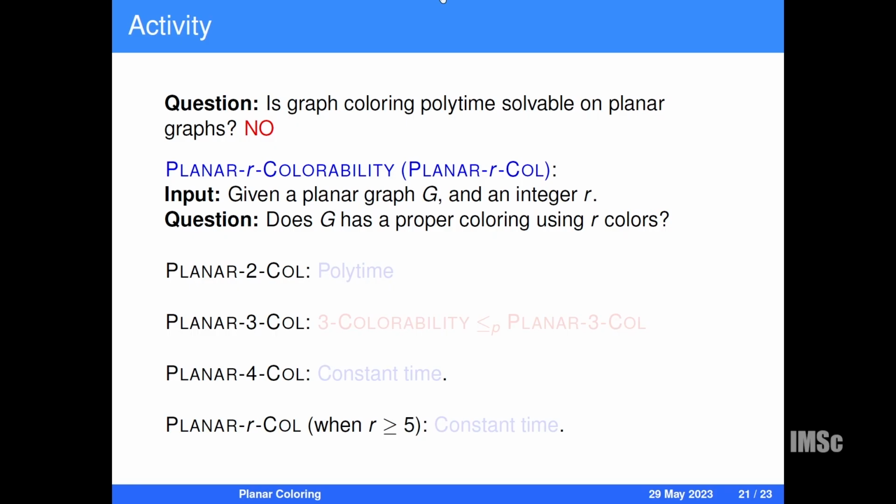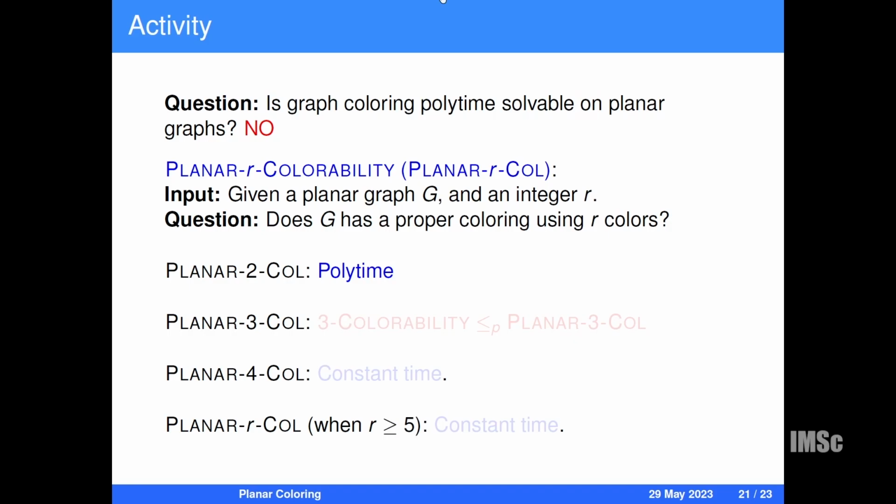Probably you can do that using BFS. BFS takes polynomial time, order of n plus m, and hence it's polynomial time solvable. Given a planar graph, you ask me to check if it is two colorable. I just run BFS on it and check if it's bipartite. If it is bipartite, yes, it's two colorable.